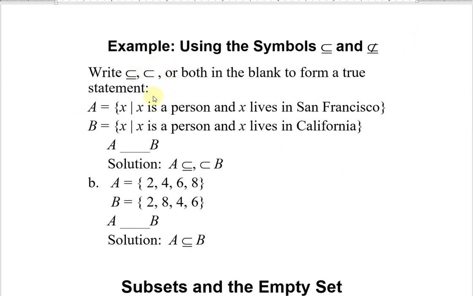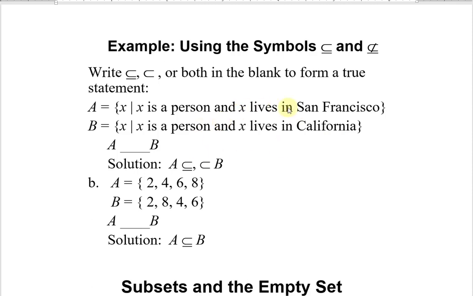In this example, using the symbol subset and proper subset, or both, fill in the blank to form a true statement. The set A is all the X such that X is a person and X lives in San Francisco, and B is the set of X such that X is a person and X lives in California.